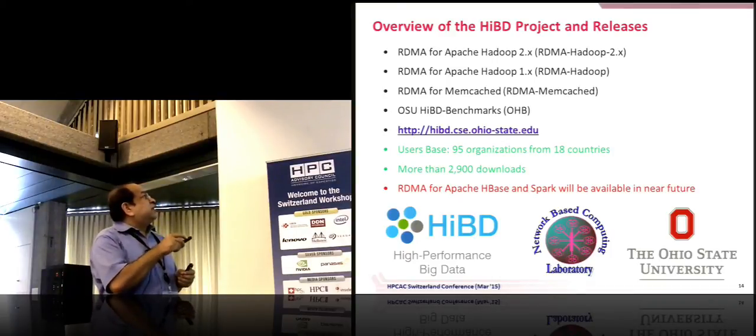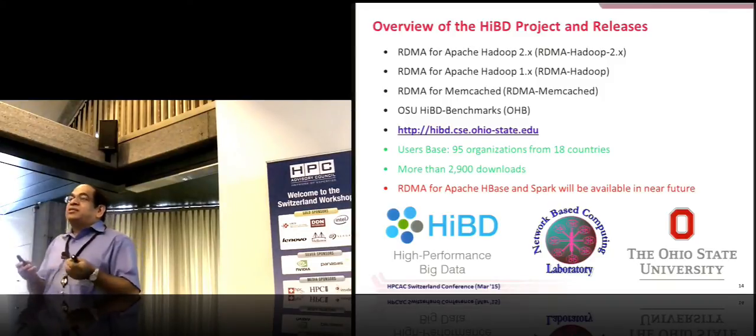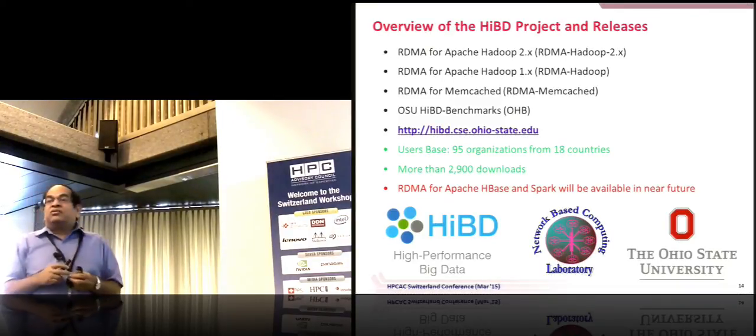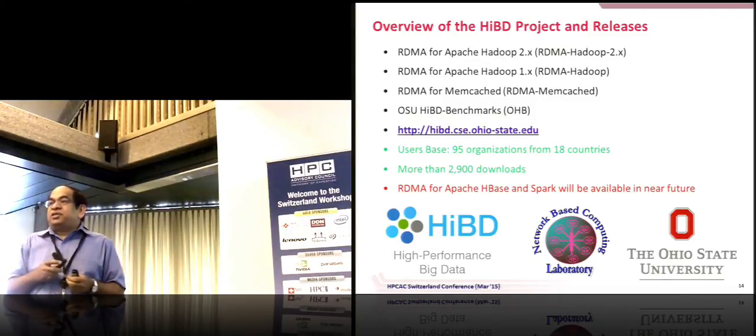If you just go to the site, hibd.cse.ohio-state.edu, it is high performance big data, that's what we call it. Over the years, we have made different releases. We started with Hadoop 1.x, now we are into the mainstream Hadoop 2.x, we'll drop the 1.x support very soon. We also have the RDMA for Memcached, and we have started introducing some of these HiBD benchmarks.